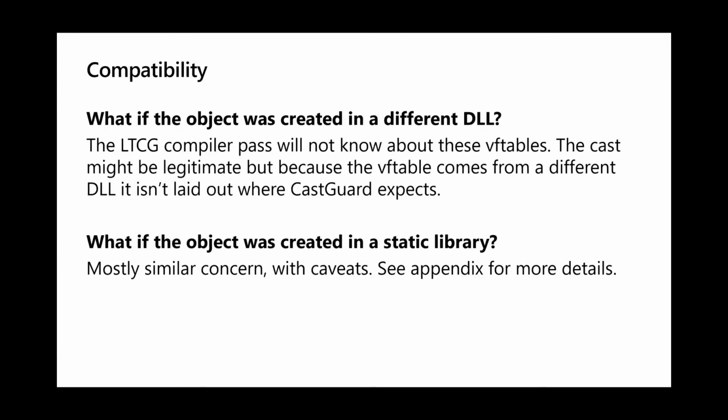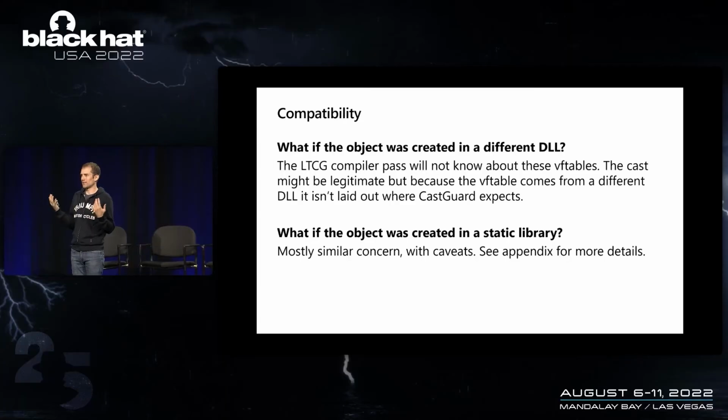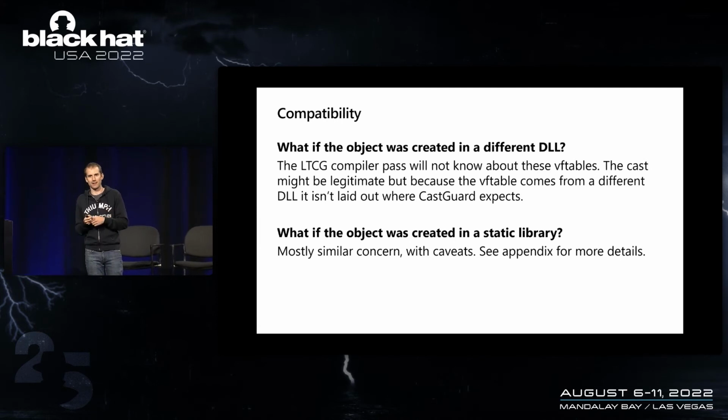Another thing that you might be wondering is, what happens if this object was created in a completely different binary and then you're casting it? When you do this check to see what's the offset between the base vtable in my current binary and the vtable that this object has, that offset is going to be huge. It could be millions of bytes because the object is in a completely different binary. And so this is where those global variables that I talked about before come into play.